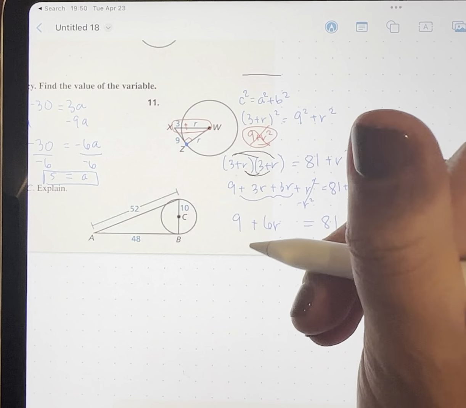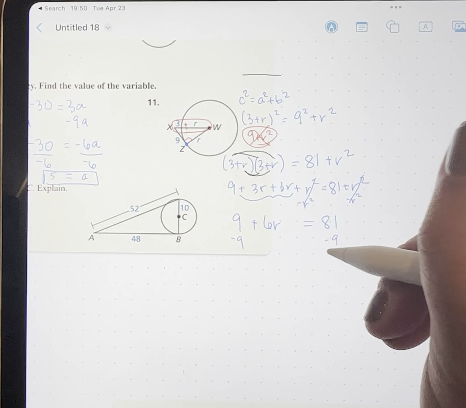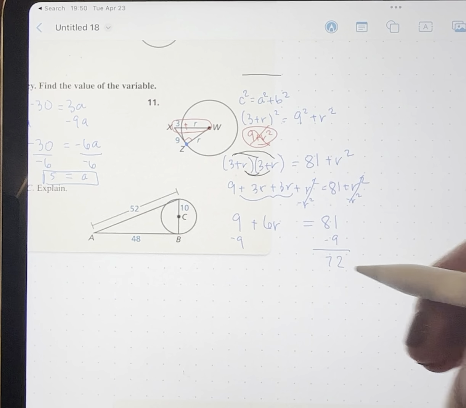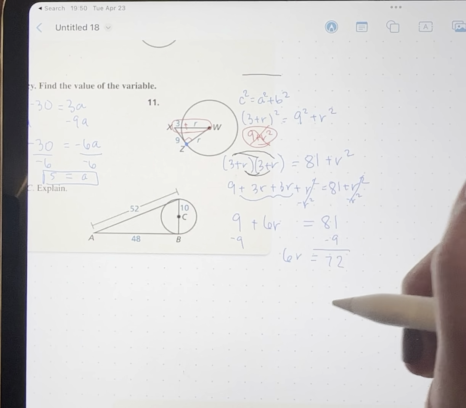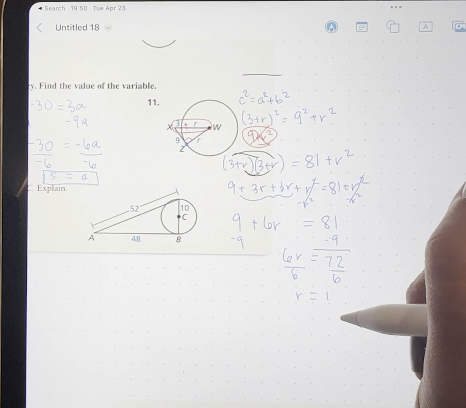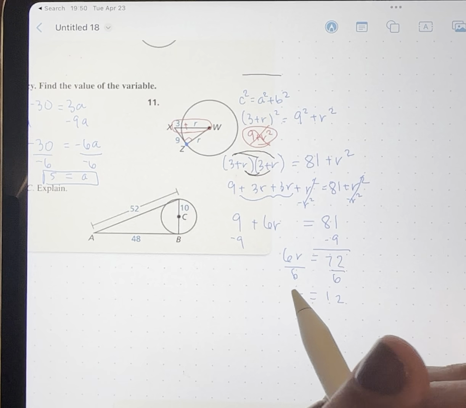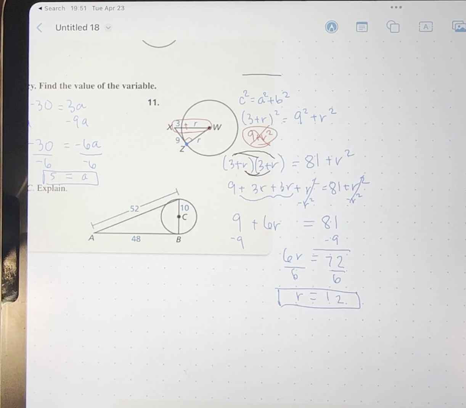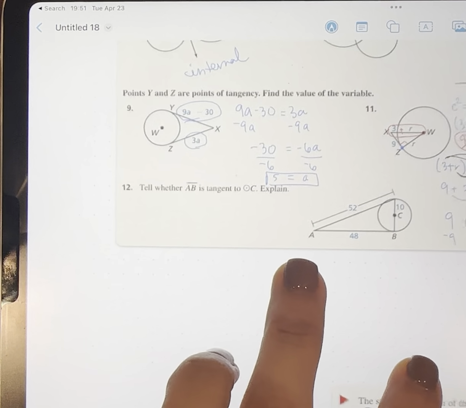And then now I can subtract the 9. So this is going to be 72 is 6r. Then divide by 6. So r is equal to 12. Cool. Cool beans.